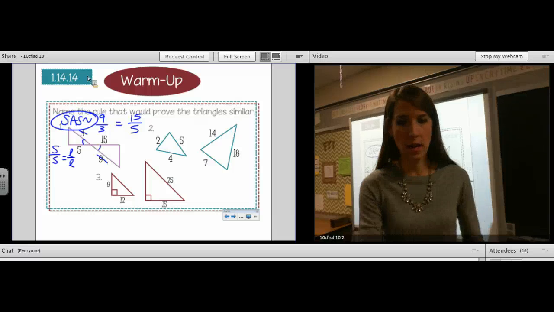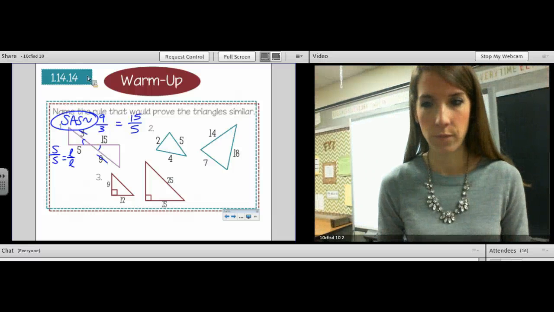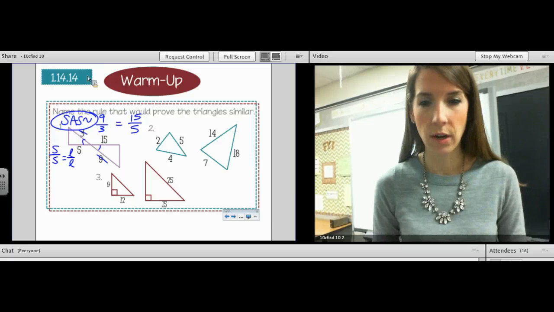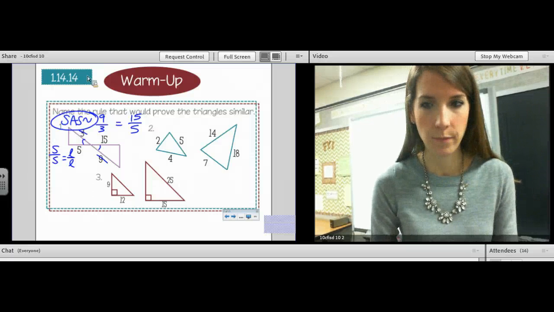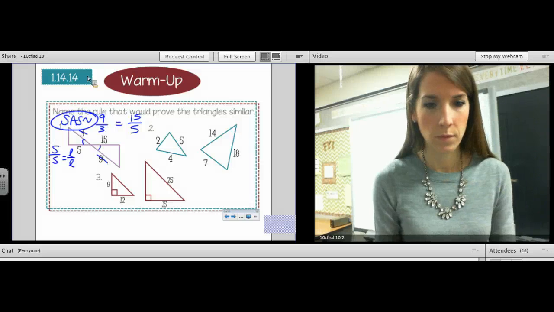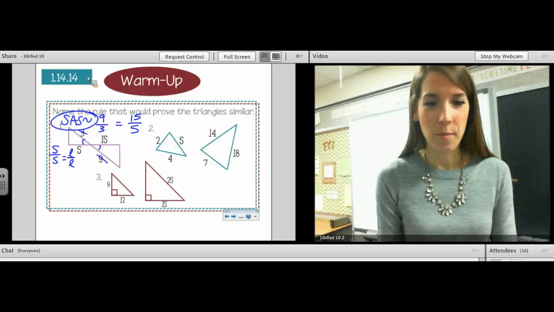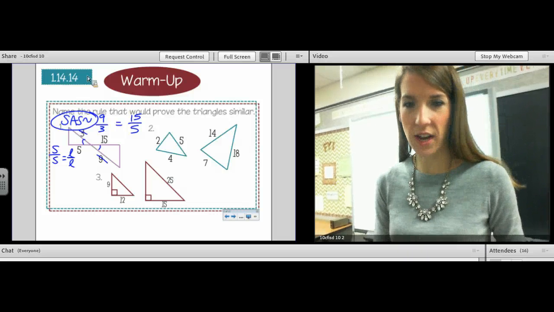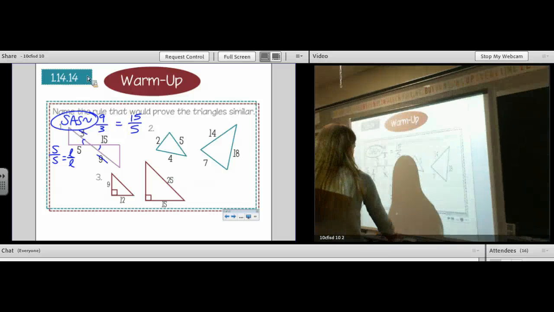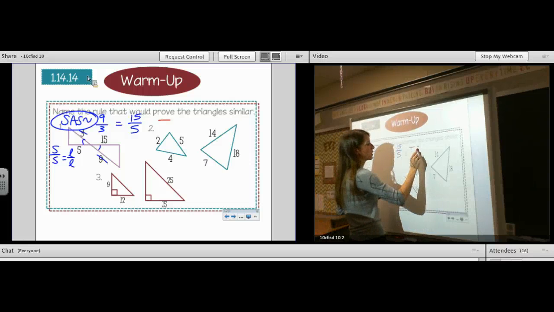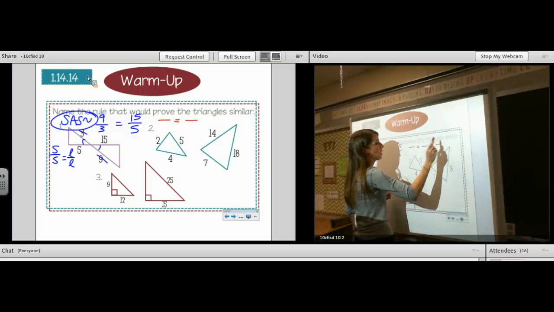Number 2, Brandon. What'd you get on number 2? There is no X and Y, Yeji. Brandon says none, so let's check him to see if he's correct. We'd want to put small over small, medium over medium, large over large.